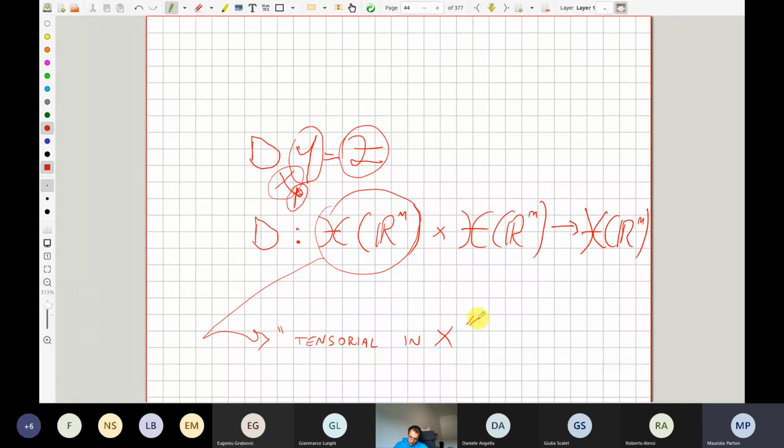When a mathematician looks at this, the first question he will ask is: is this tensorial in some of the two components? And the answer is yes, it is tensorial in the first component. He is just asking if this map is really depending on the vector field, or it's defined also when the vector field is just a tangent vector.